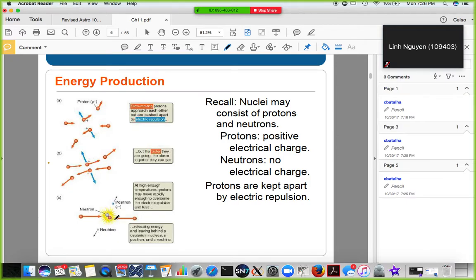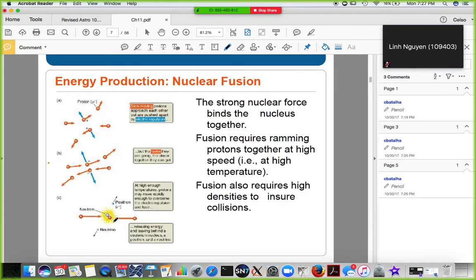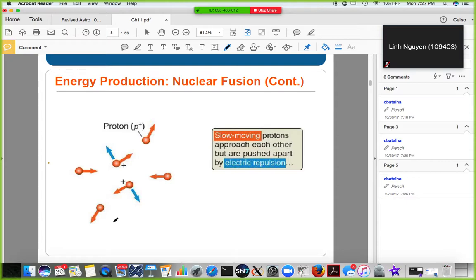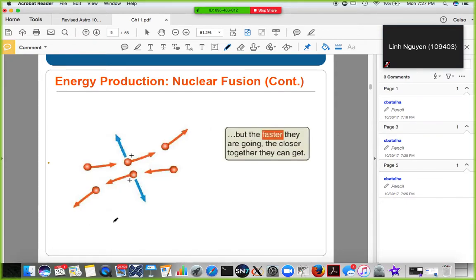As a result of these fusion reactions, a process which in the case of the sun has a sequence called the pp chain, these four protons fuse finally into one atom of helium.